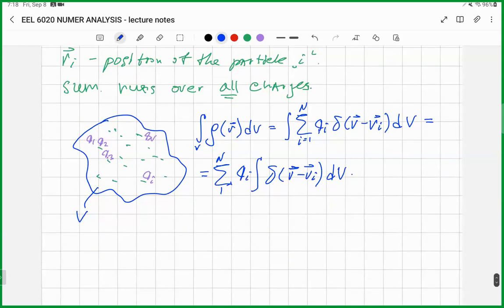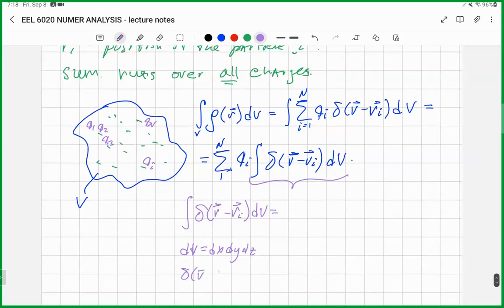Now let's consider this integral closely. We have delta of the vector r minus the vector ri, dV. Here dV is dx dy dz, and delta r minus ri is just delta x minus xi times delta y minus yi times delta z minus zi.